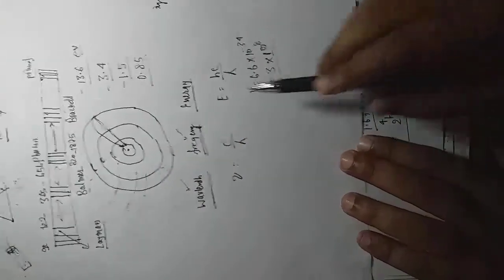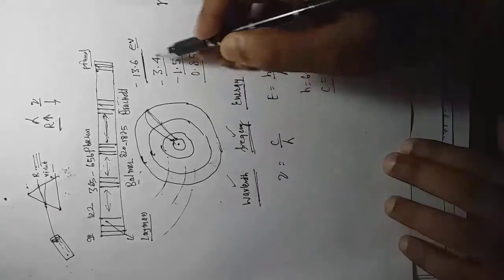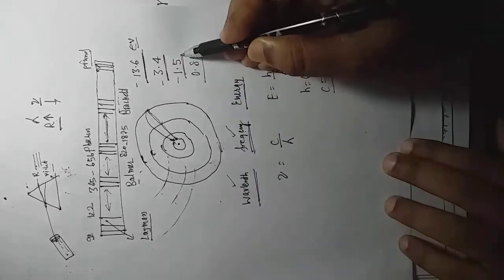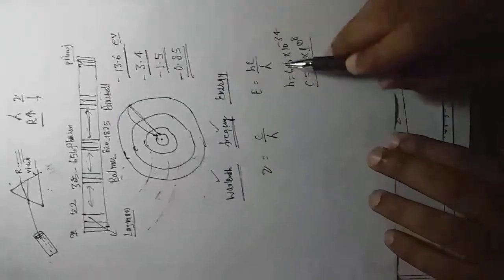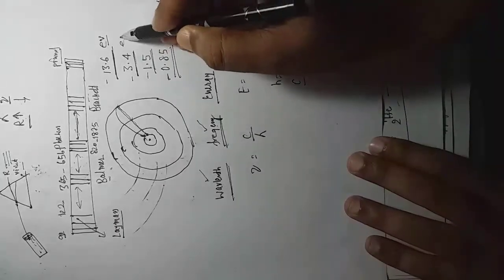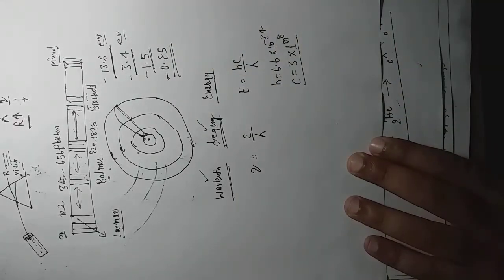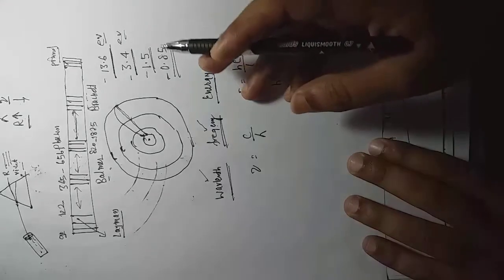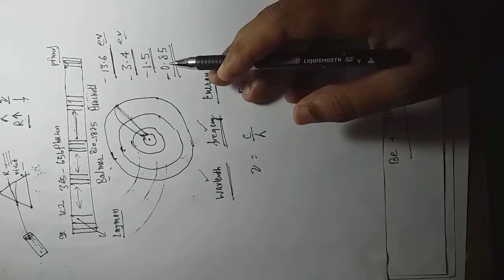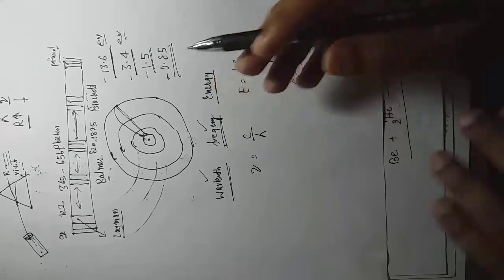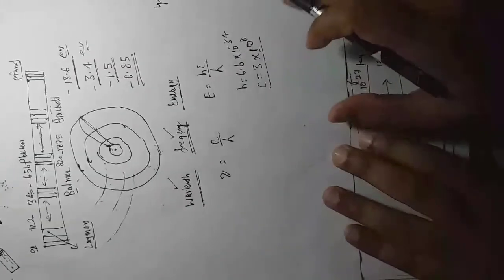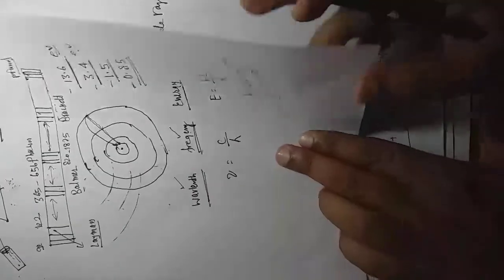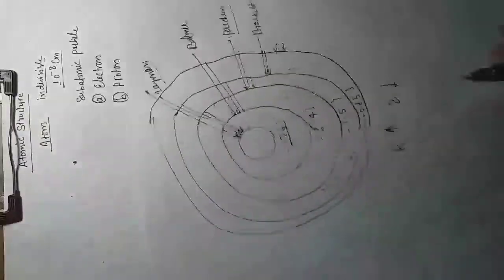What we discussed already in the first series: 13.6 electron volt, 3.4, 1.5, 0.85 electron volt is the energy, right? You can write electron volt in place of joule also, but when you divide by 1.6 times 10 raised to the power minus 19, the energy in joule is converted to electron volt. So all these values help us find the other factors of the hydrogen spectrum.